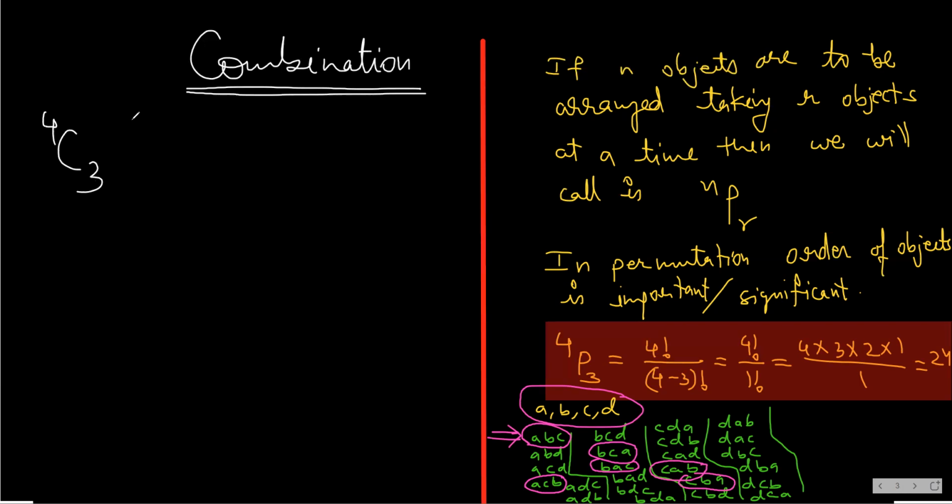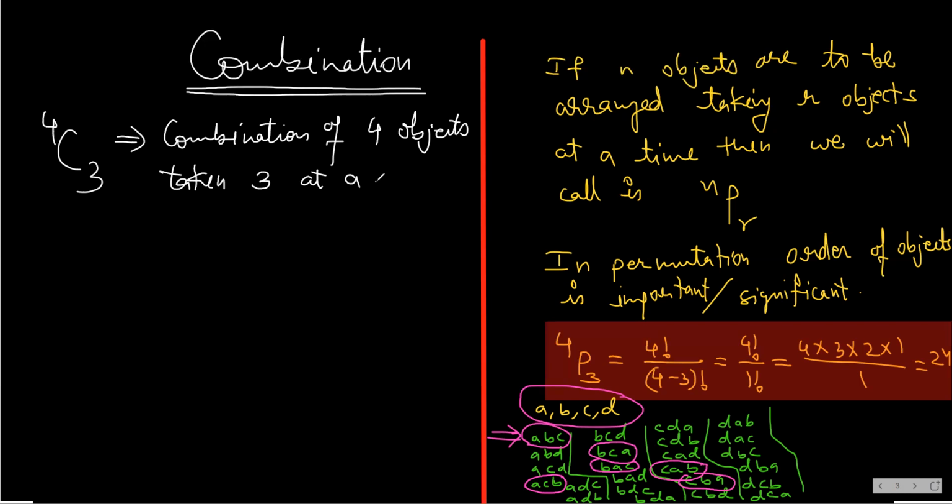The meaning of 4C3 will be combination of four objects taken three at a time.